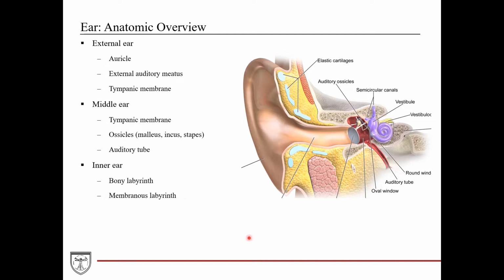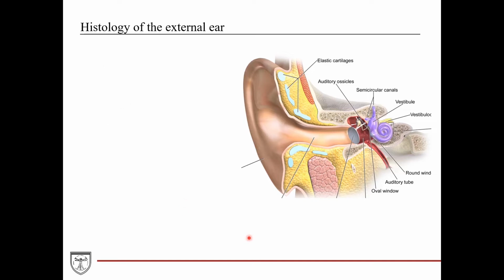But let's first start with the histology of the external ear. The auricle, or the pinna, is covered on the external side by the skin. So we can expect to see some typical skin histology there, including hair follicles. On the inside, of course, there are dermal tissues and subdermal tissues like a lot of fatty connective tissue.